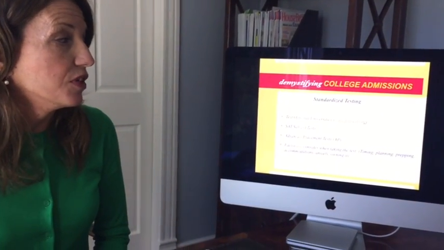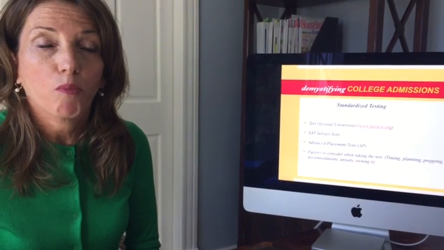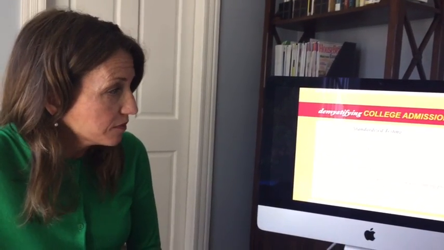The interesting thing about advanced placement tests is they're not a required piece of an application, but if a student scores a 4 or a 5 out of 5 on these tests, they can often opt out of entry-level college courses when they go off to the university. So it's important to have for the future in terms of where they're going to be placed in different classes when they get to college.